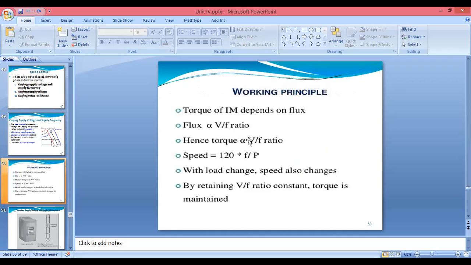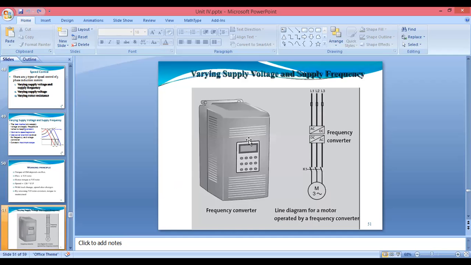The flux value of the motor depends on the V by F ratio, and torque depends on V by F. With a load change there will be a change in speed, and by keeping the V by F ratio constant, we can maintain the torque constant. So you get the regulation of speed for the three-phase induction motor.